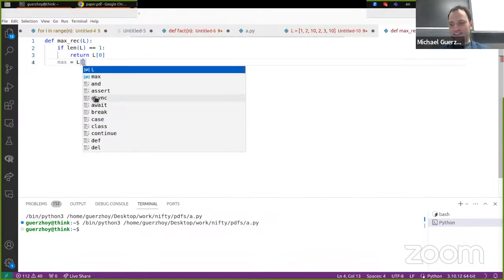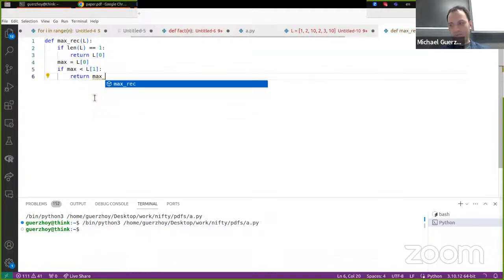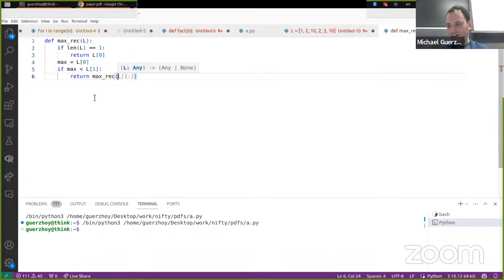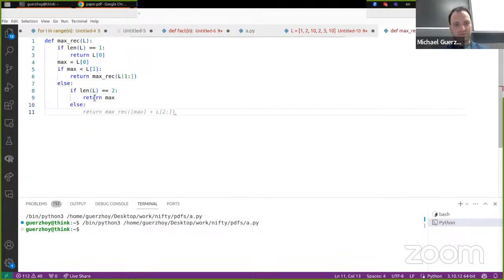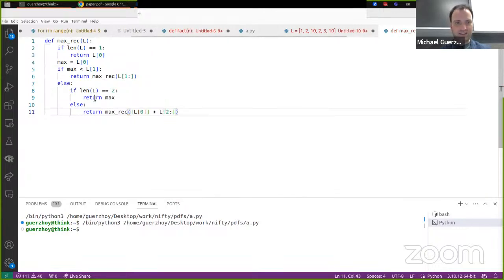You're saying max is L at 0, and if max is smaller than L at 1, return max rec of L from 1, and else, if length of L is equal to 2, return max, else return max rec of L at 0 plus... I'm just writing it down, and now I'll think about it.